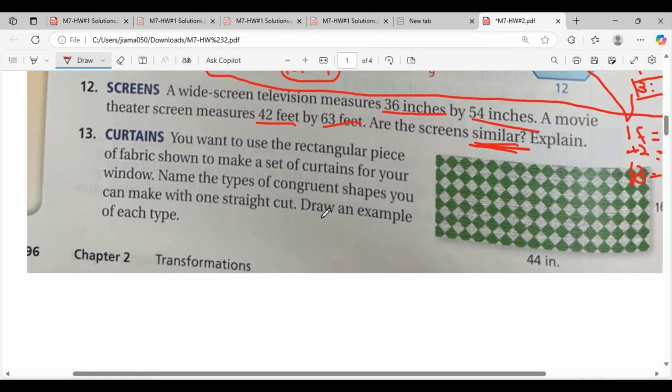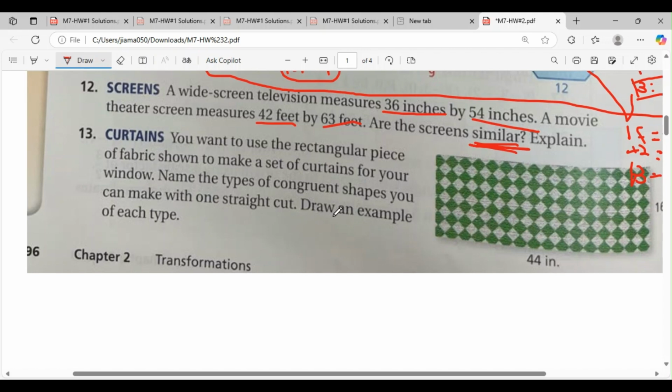Question 13. You want to use the rectangular piece of fabric shown to make a set of curtains for your window. Name the types of concrete shapes you can make with one straight cut. Draw an example of each.